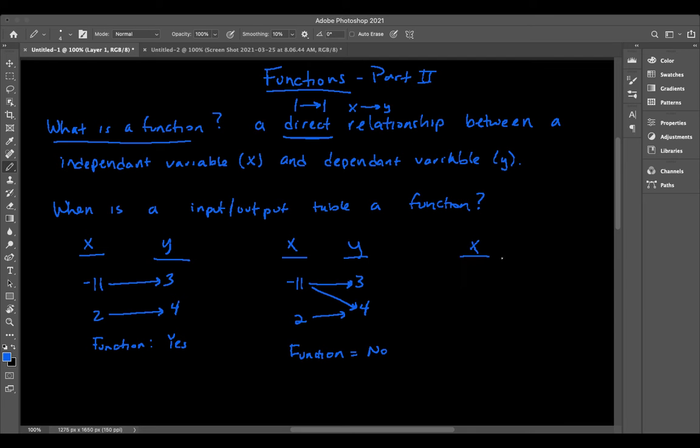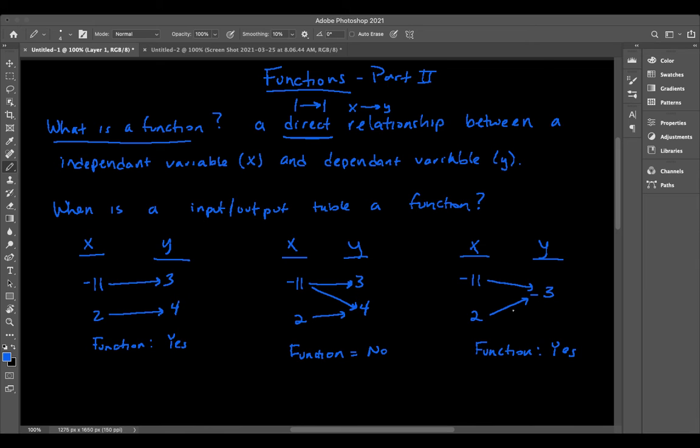And then lastly, the last scenario that you could have is this. Okay, negative 11, 2, and then we put negative 3 here. So again, this is a function because it does have a direct relationship. Basically, negative 11 goes to negative 3, but also 2 goes to negative 3 as well.